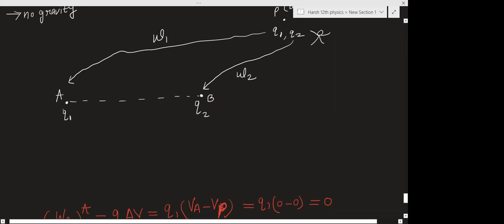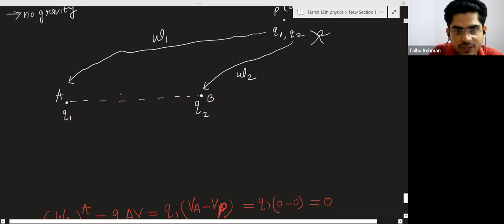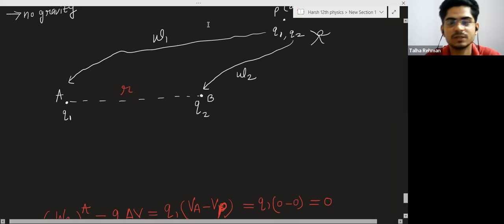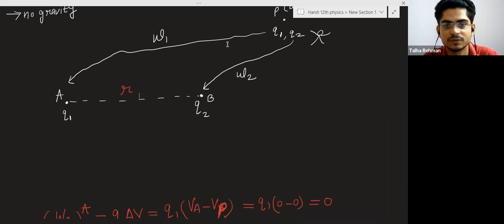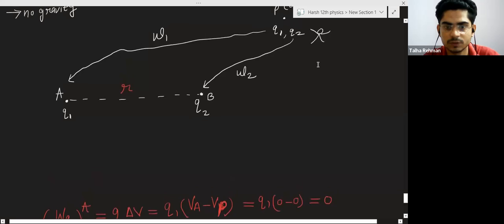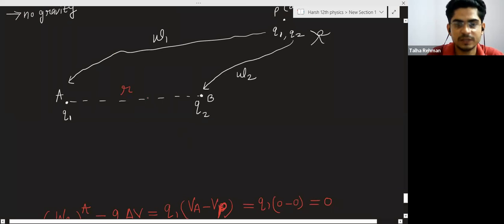And we have a formula. Suppose this is at a distance R. So KQ by R. So this is R. If you calculate the potential at point B, you will get KQ2 or KQ1?